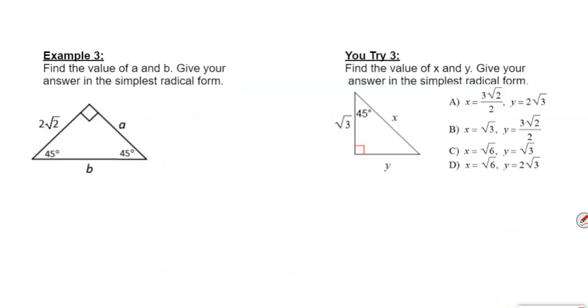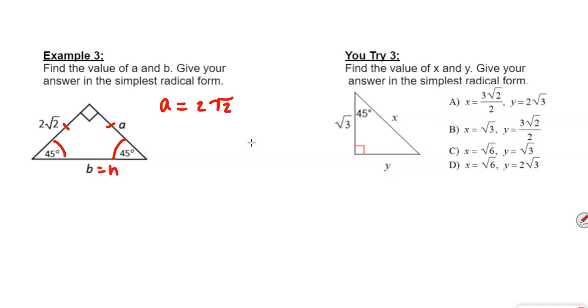Okay, all right, so this next one, example 3, says find the value of A and B. Give your answer in simplest radical form. So once again, we notice that these are congruent angles, so these are congruent sides. So we could say very simply that A is equal to 2 square root of 2, right? Now, our hypotenuse is going to be this.